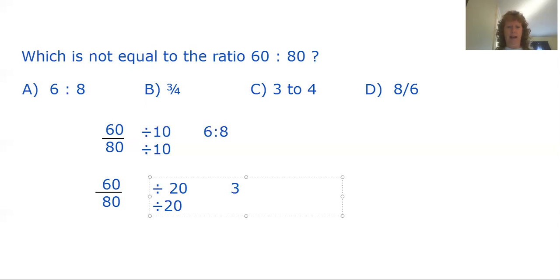That would be 3 times. And 20 into 80, 20, 40, 60, 80. That would be 4 times. That's how they got the answer 3 to 4. So both of these answers are also correct. So the one that is not equal is D.